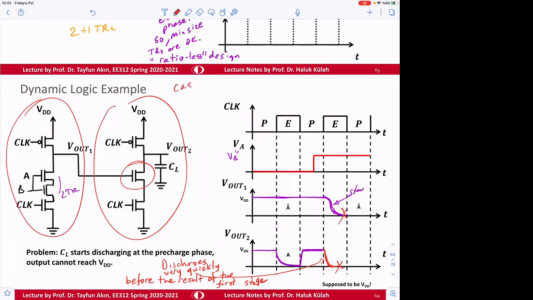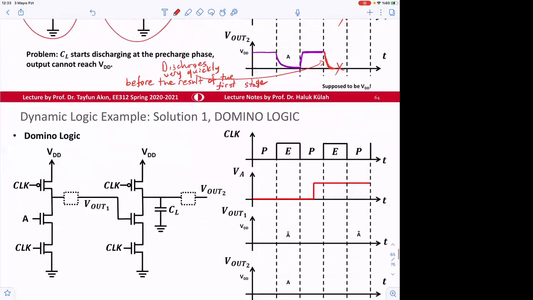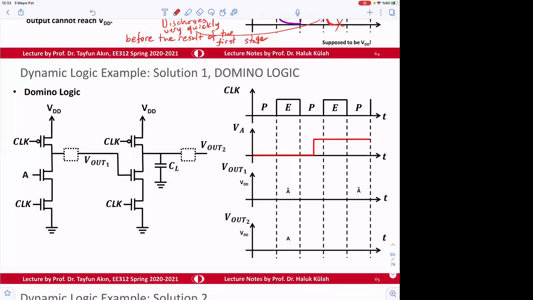Okay, cascade connection of these circuits is not practical. So we will think about solutions, and next time we will put some elements here for achieving this correct evaluation.